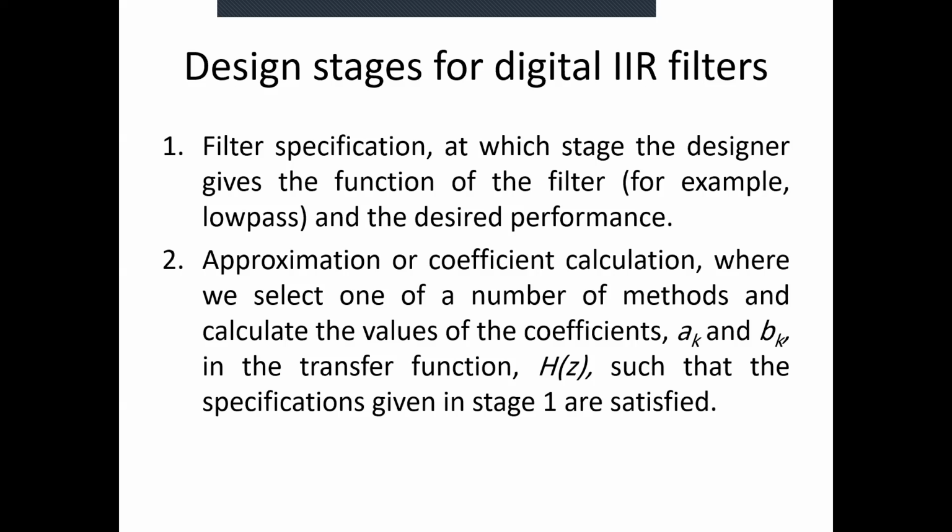We said H0, H1, H2, and so on. Now, in the case of IIR filter, we have different values. I mean A and B coefficients. So we are going to determine two kinds of coefficients, which are AK and BK. Of course, these two coefficients relate to the numerator and denominator of the H of Z function.